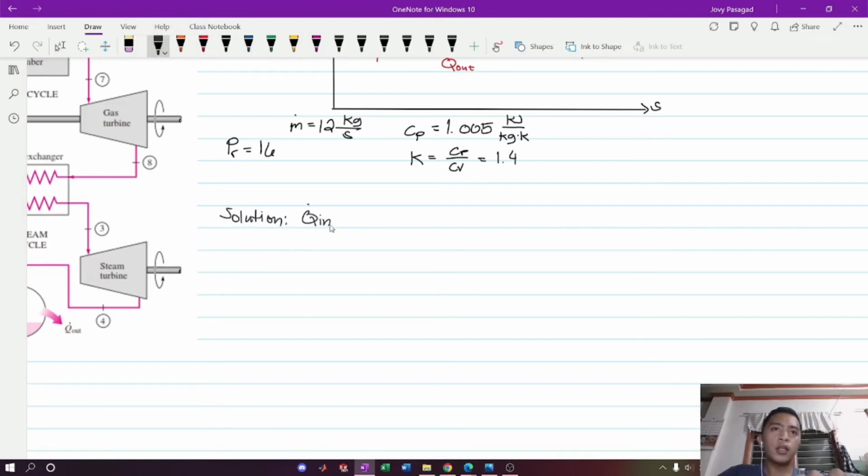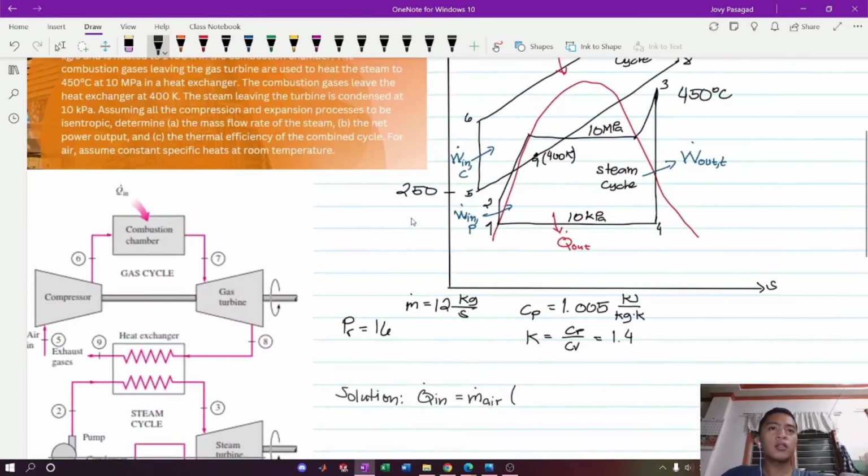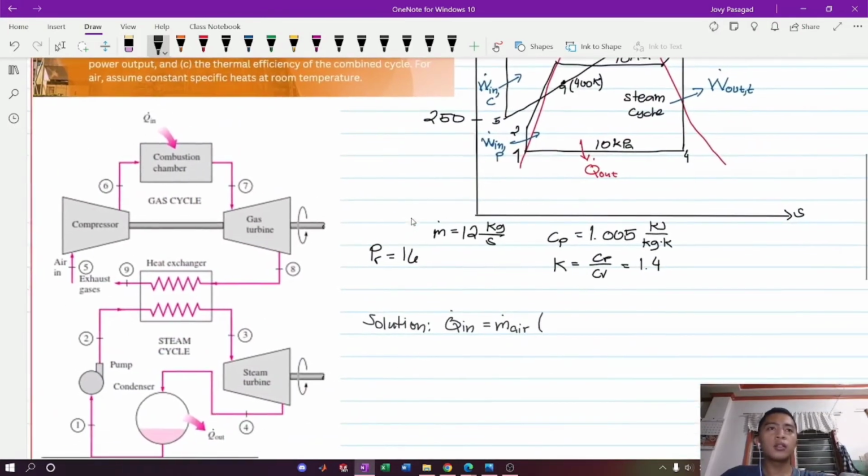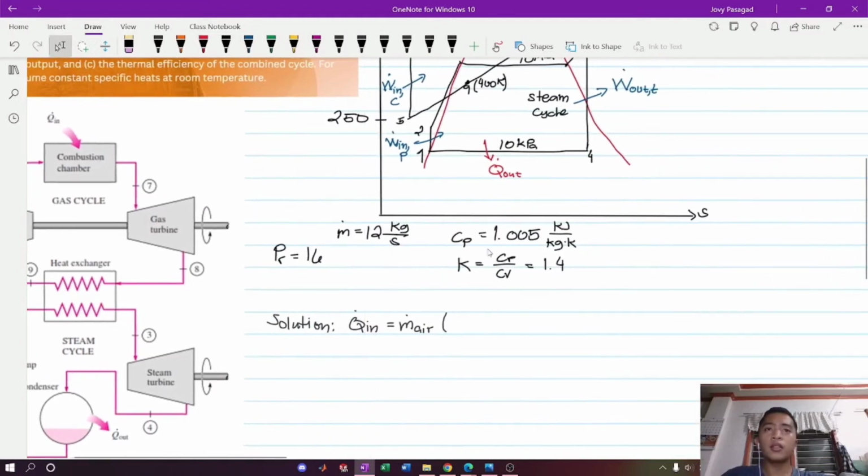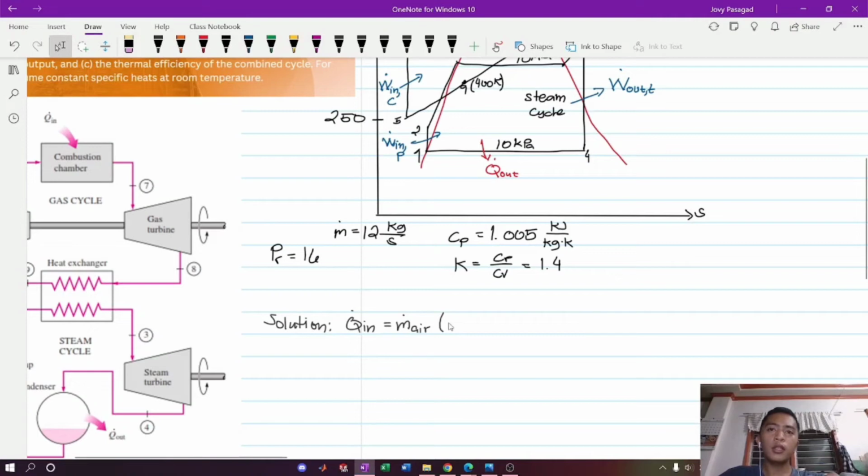Q dot in is equal to the mass flow rate sa air times delta H, which is H7 minus H6. Di ba formula nato m dot sa air times Cp times T7 minus T6.